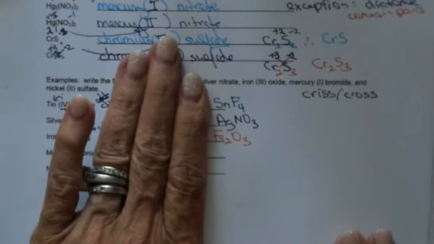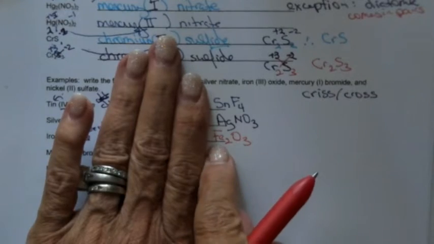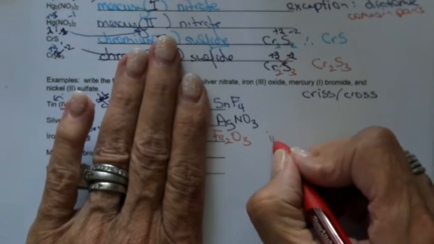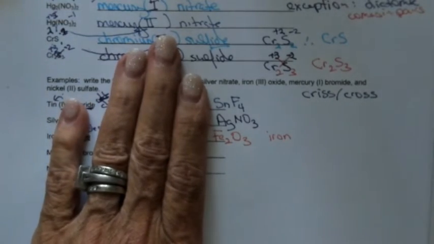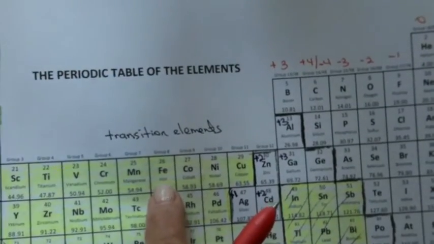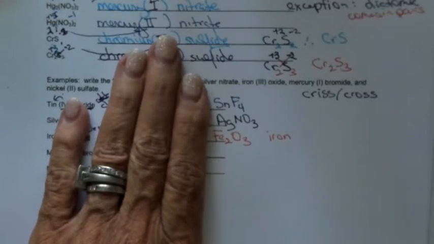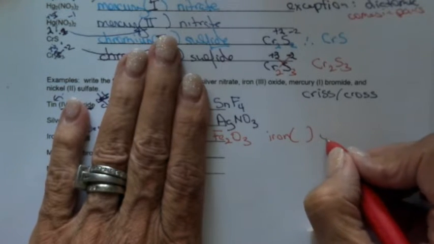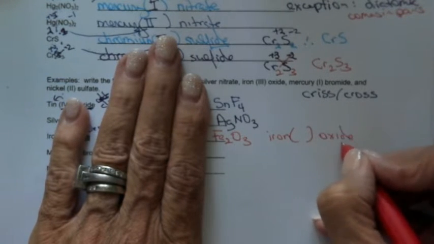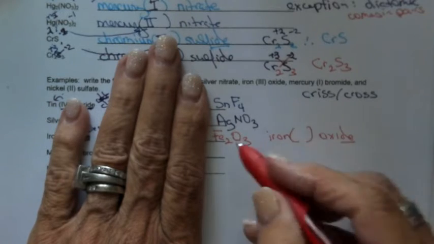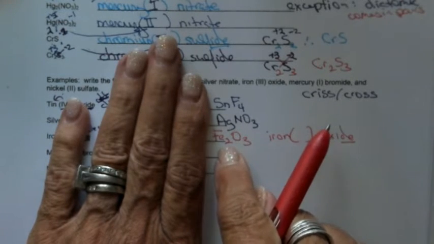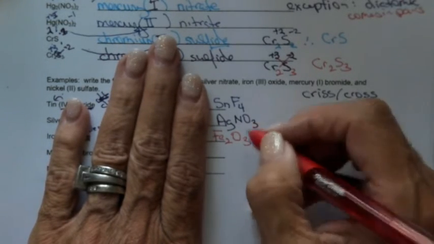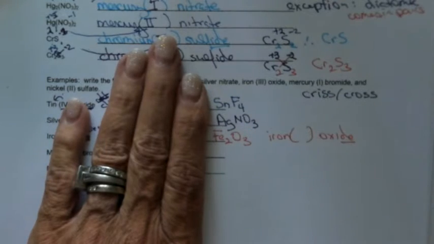Now, I can do the same thing if I wanted to. I know Fe is iron, and based on my periodic table, it needs a parenthesis. And O is oxygen, change this ending to oxide. I need to figure out the charge of this iron. In this compound, I can uncrisscross.